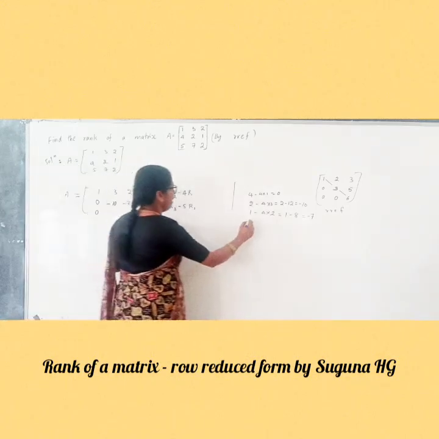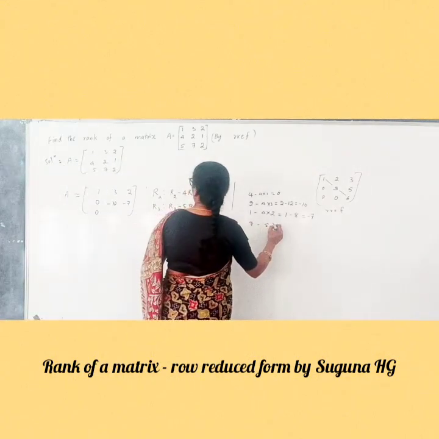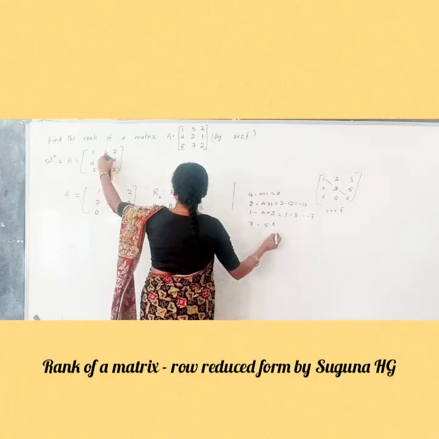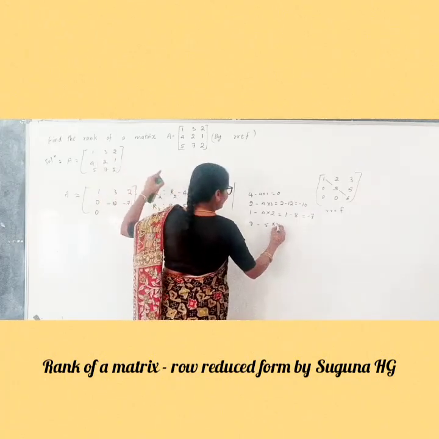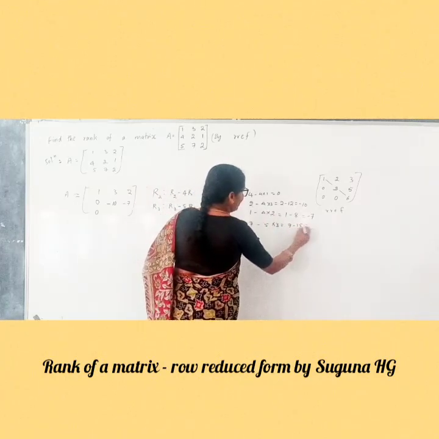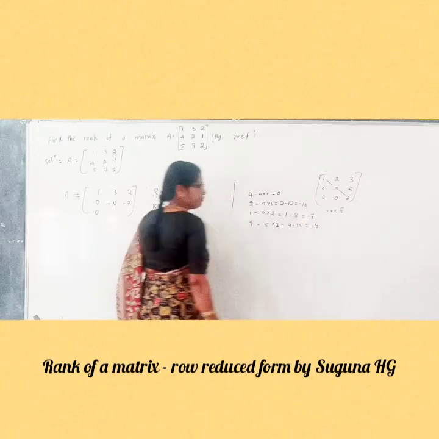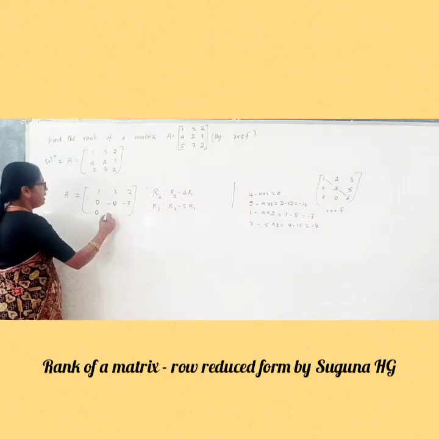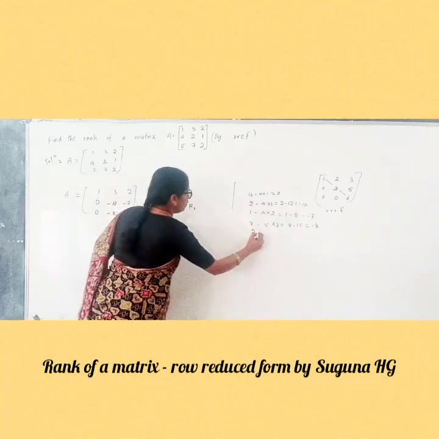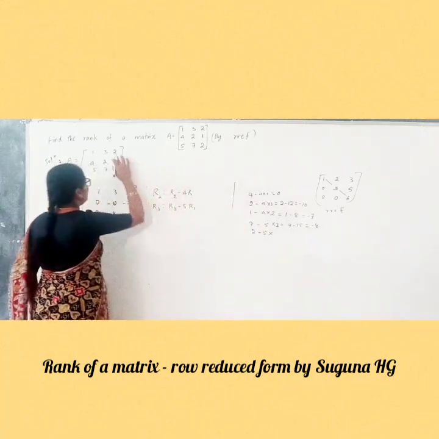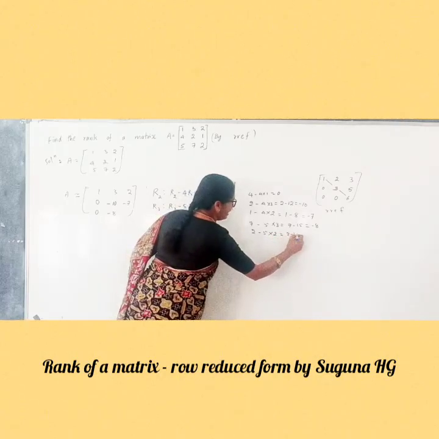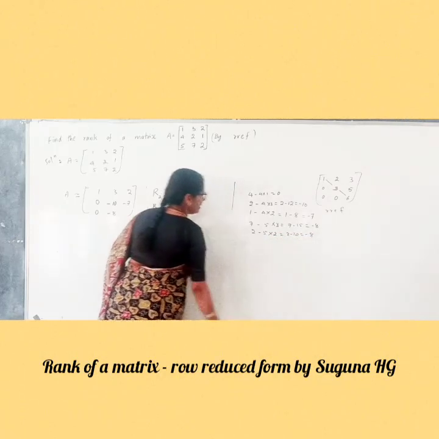Next is 7. 7 minus 5 into the next value in R1, which is 3. 5 threes are 15. So 7 minus 15 is minus 8. Then the next element is 2. 2 minus 5 into 2, which is 2 minus 10, which is minus 8.